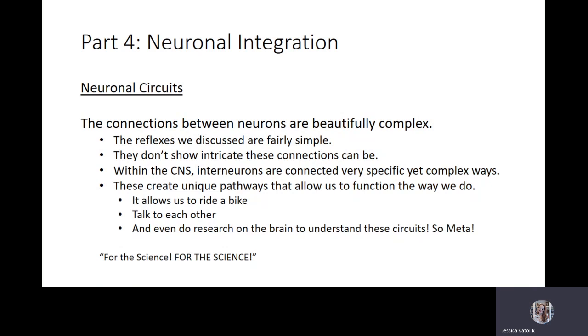I think this is just amazing because these neural circuits allow us to do complex things such as walk and ride a bike, talk to each other, and my favorite is it allows us to do research and learn about neural circuits using our own neural circuits. So that is so meta. And so as I always say, for the science, I geek out.